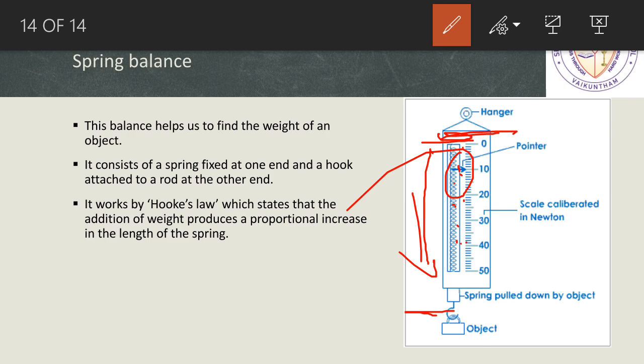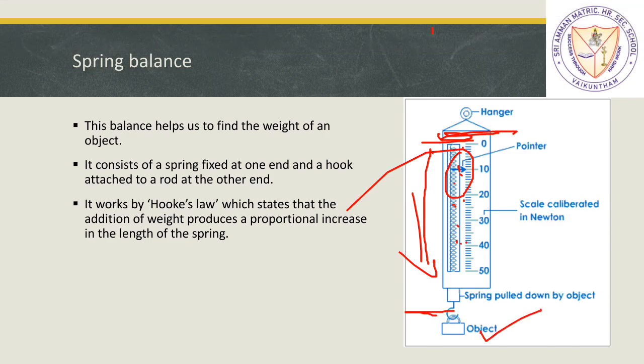That shows how much elongation has happened, and that elongation is proportional, not equal, to the weight of the object which is hung here. How much weight you hang here, that much extension will happen in the spring.